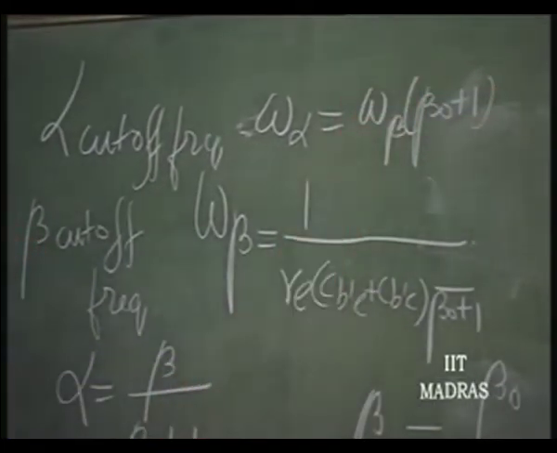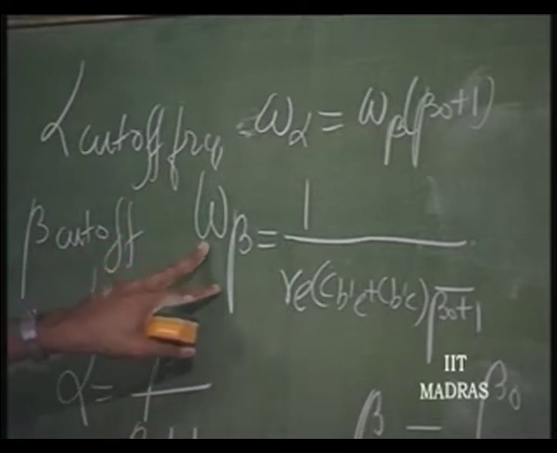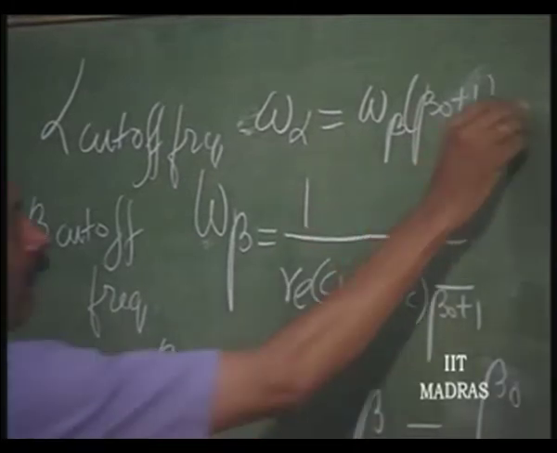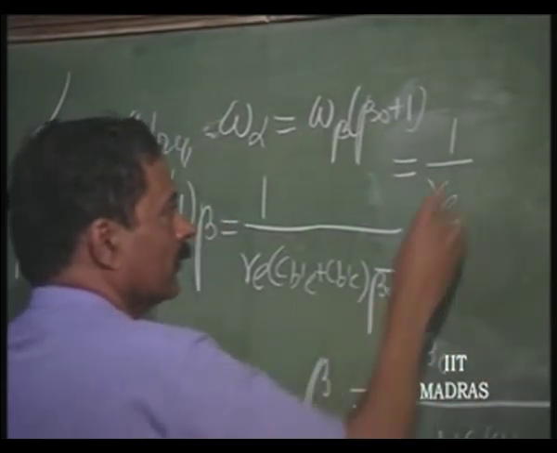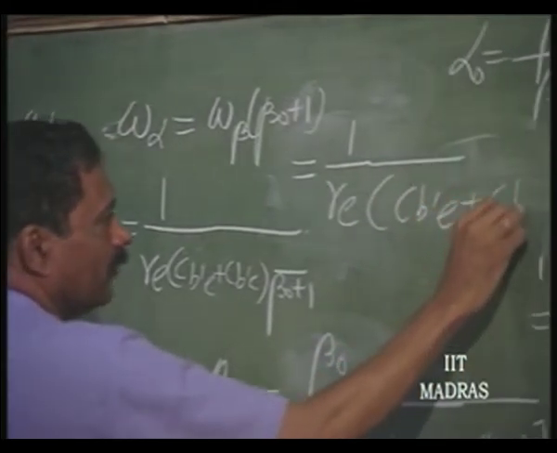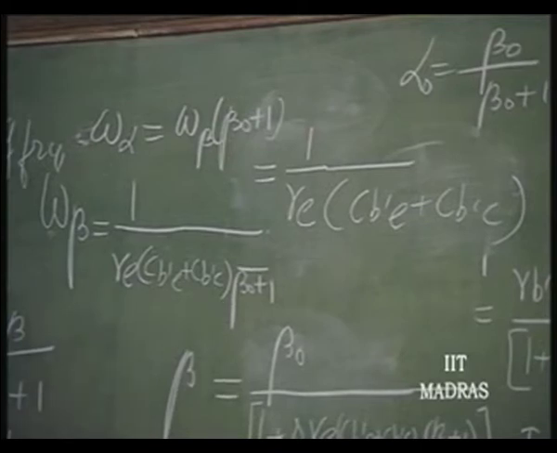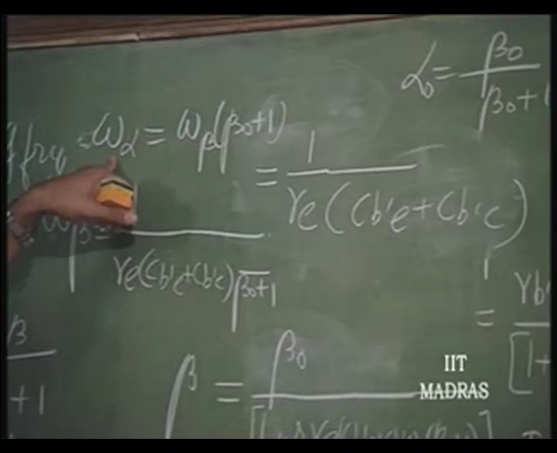And we also know omega beta into beta naught plus 1 is nothing but 1 over R E into C B dash E plus C B dash C. It is an important parameter, the alpha cutoff frequency. Beyond this, there is no worthwhile current gain for the transistor at all.